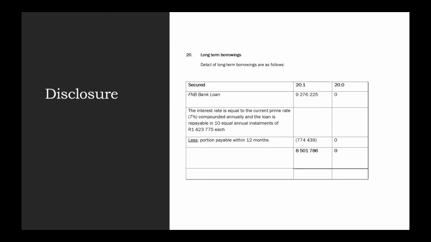We then reflect the value of the capital repayments for the coming year, which is 774,439 Rand, which leaves us with the value of the loan, or the amortized value of the loan, of 8,501,786.